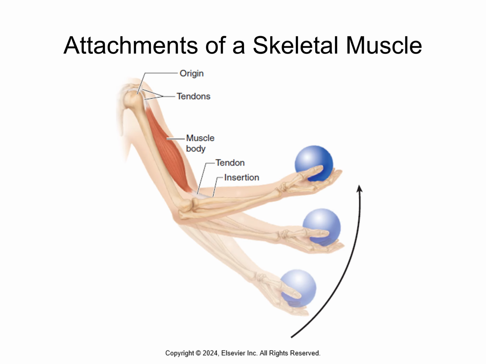There's the insertion point. Now, this ulna is going to flex, but it's staying still with the origin. Here's your insertion, here's your origin, and then the muscle body is what we see. So understand the three parts in their entirety.